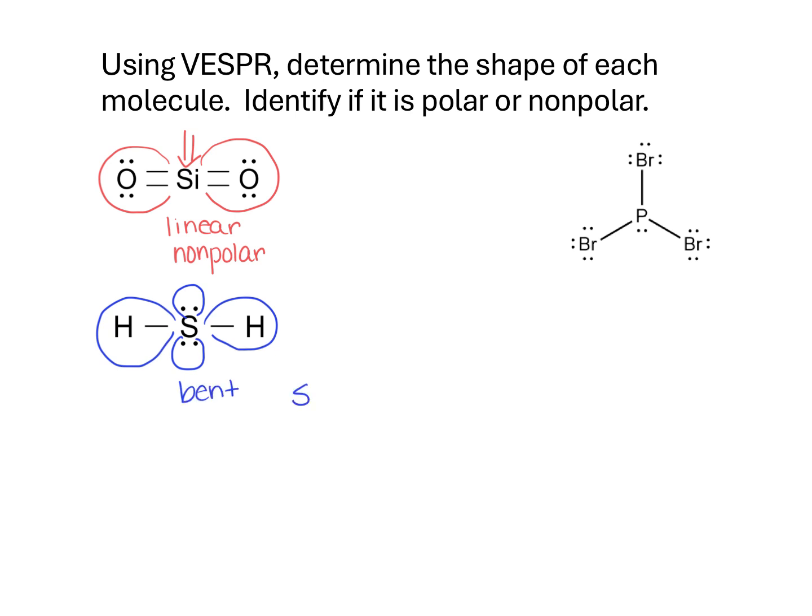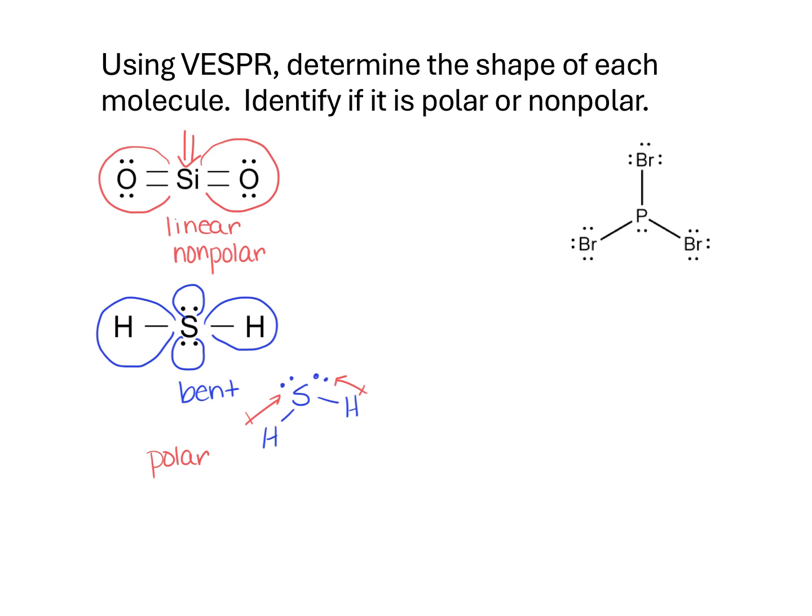And the way it would really arrange itself would look more like this, okay? And what happens here, right, is that we would see, just like with water, the dipole moving towards sulfur. And so that indicates to us it's polar.